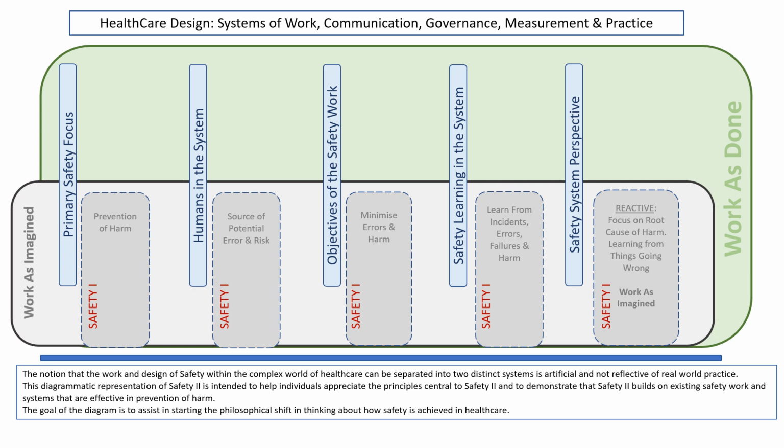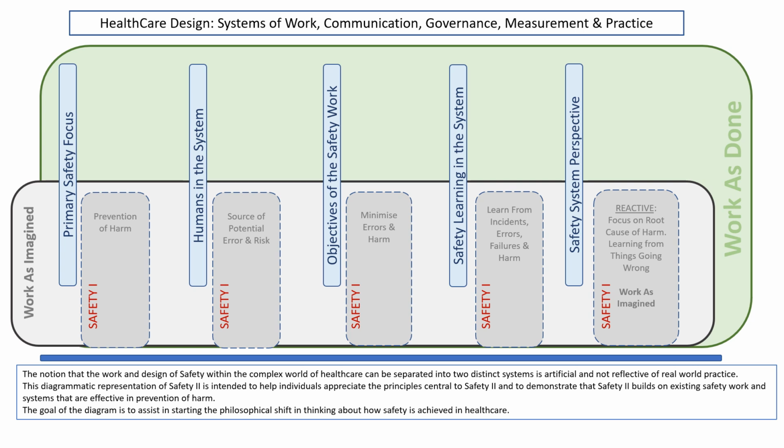Neither work as imagined or work as done are correct or wrong. They are both important in terms of how care is delivered, but also importantly sources of additional safety learning available to us to strengthen the safety of people in the healthcare system. Safety 2 offers additional learning that is not intended to replace the way we practice now, but build on existing practices.